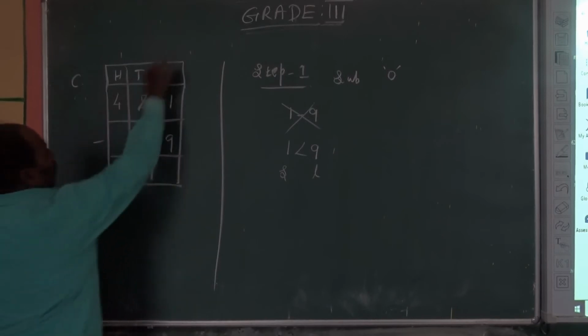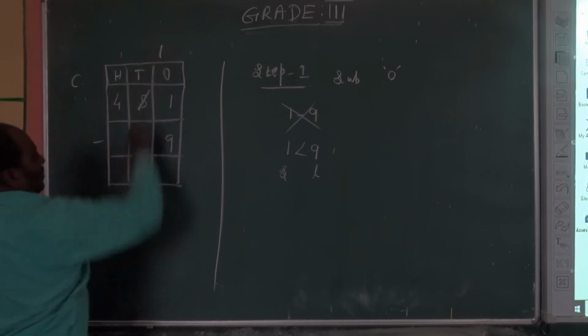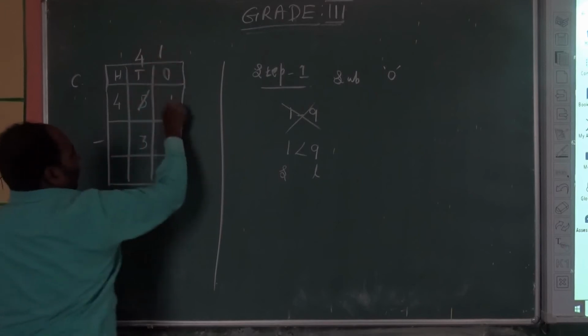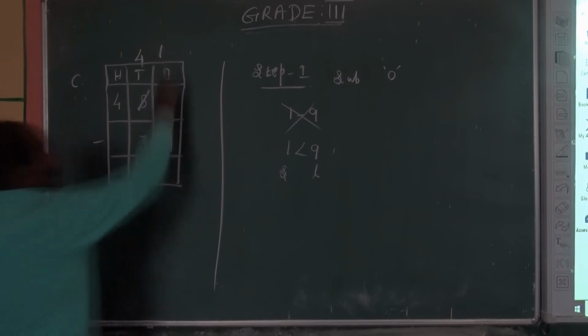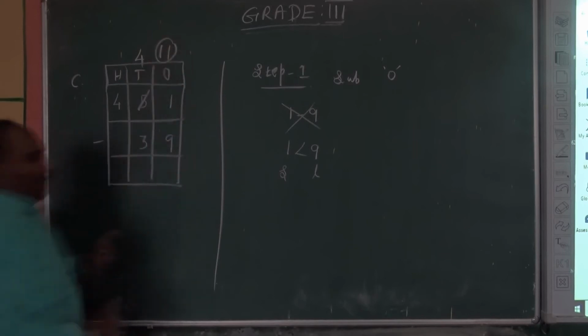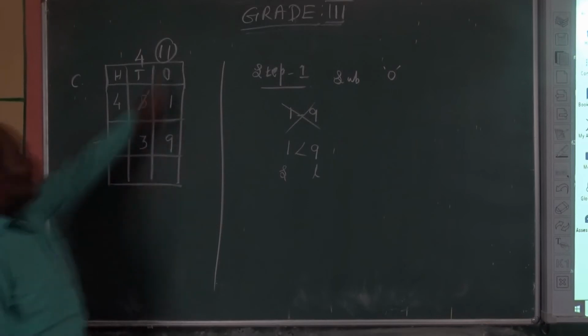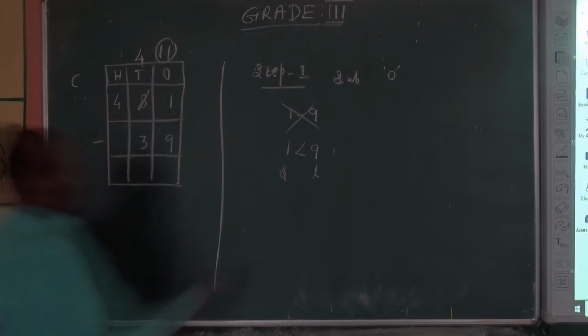Borrow 1 from the tens place. Borrow 1 from 5 means 4. The borrowed 1 is carried, so here 1 becomes 11. So 11 minus 9.